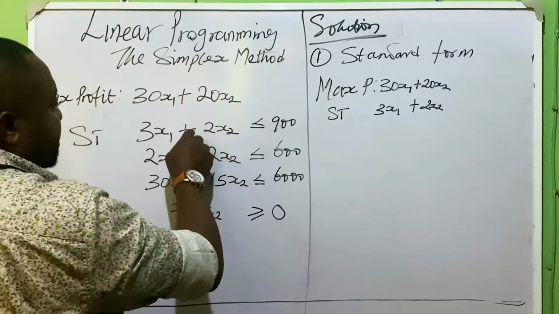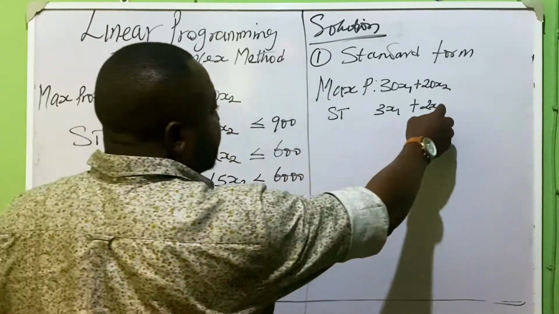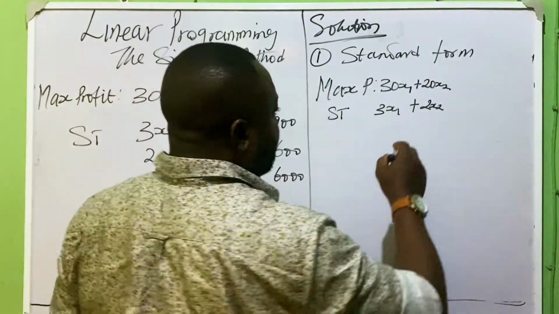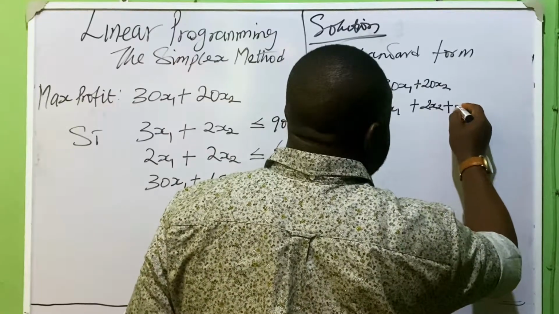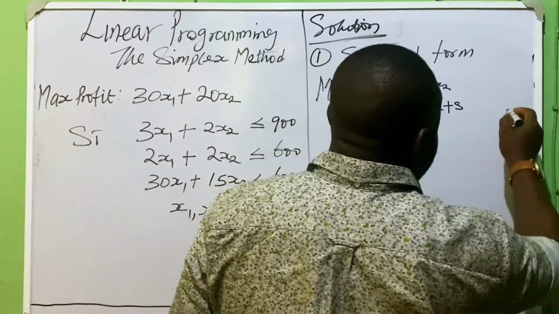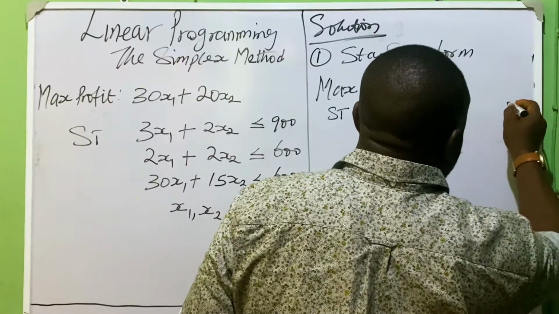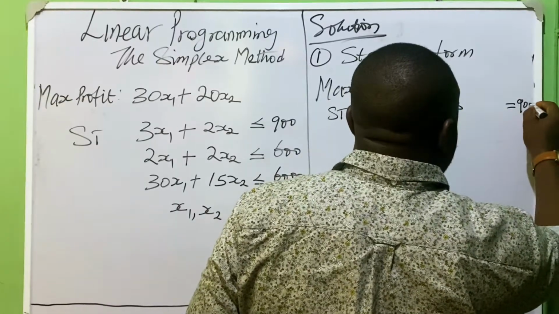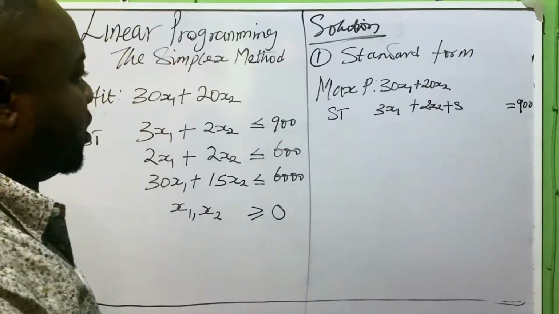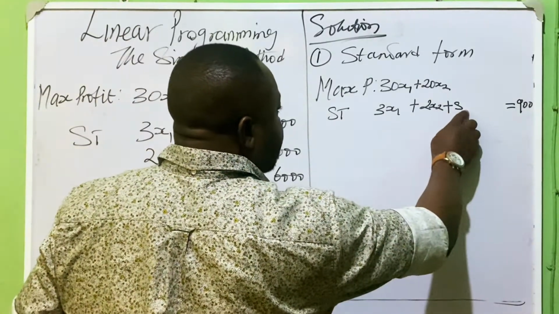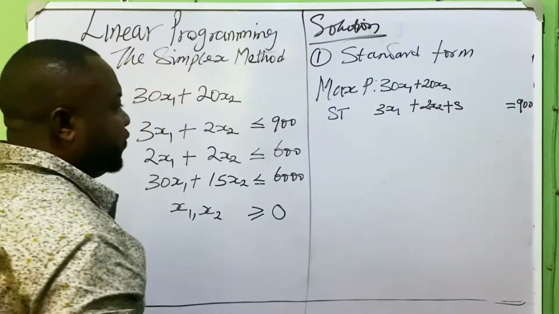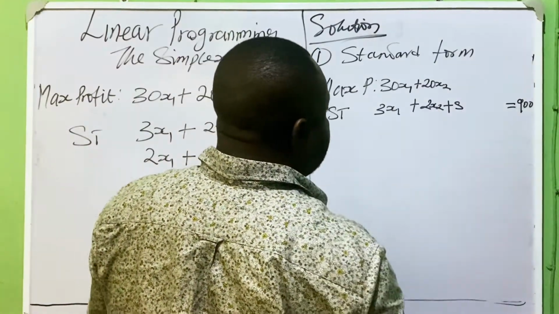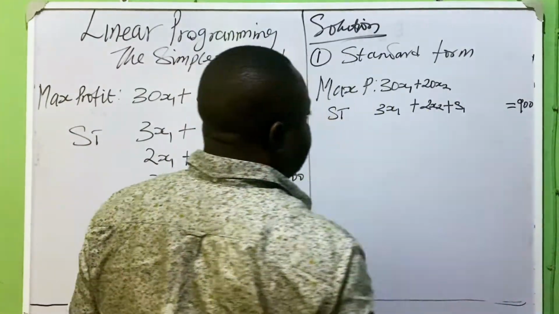Now, before we can say that the two sides are equal, we're going to bring in something that will represent that part that may not be used, which we'll call slack, represented by the letter S. Having added this, we can now assume that the two sides are equal, now equal to 900. Then, because we may have another S for another constraint equation, we're going to give this one a label. So it is now slack number 1, that is S1.